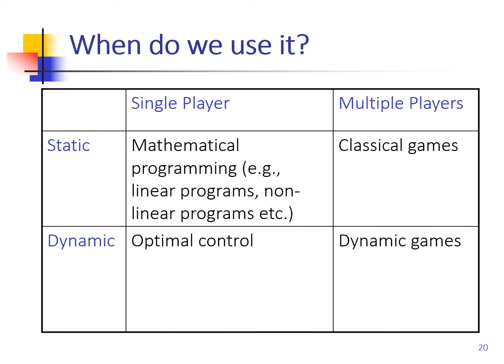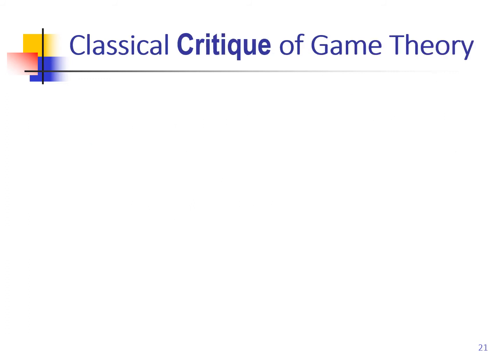These are under this category of single player. And then you have the multiple player. Again here, once you have multiple interacting, competing players, then that gives rise to the notion of a game. Okay, and here we can talk again about whether it's a static environment, right, which is referred to as classical games, or a dynamic environment, which is basically, as the name says here, dynamic.